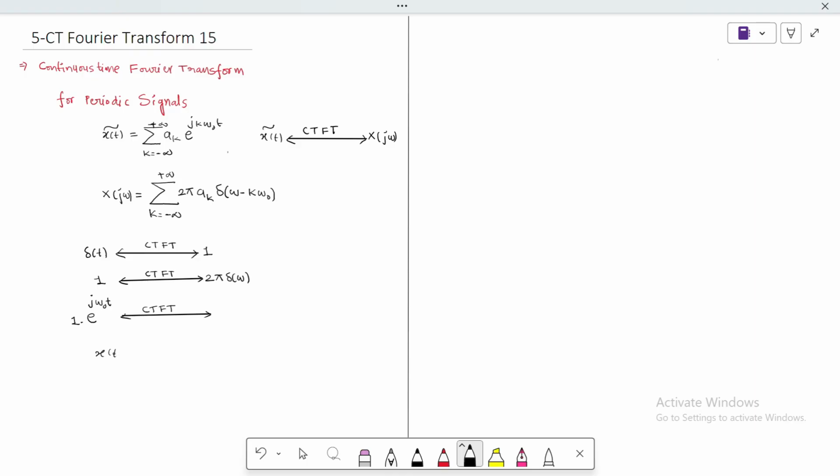So if x of t has Fourier transform x of j omega, then the transform becomes x of j omega minus omega naught.